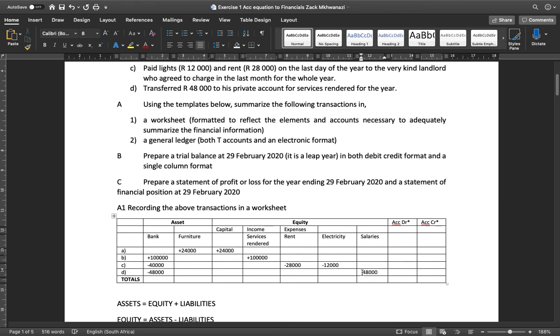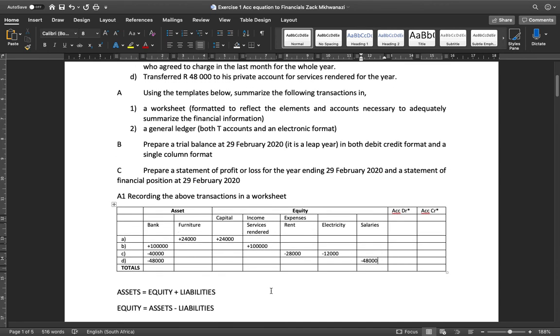This minus over here, it's not in relation to salaries because the salaries is actually increased, but you're thinking about the effect on equity. Going to the equation, you can see that the bank is an asset, it's gone down. Equity, the expense has caused equity to go down. It's in balance.